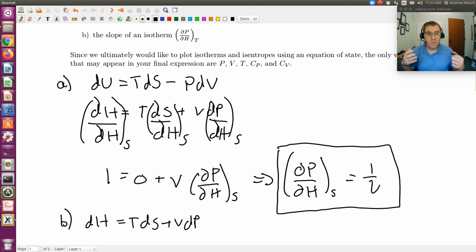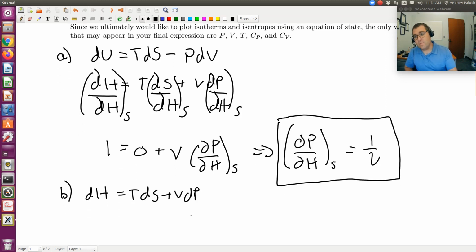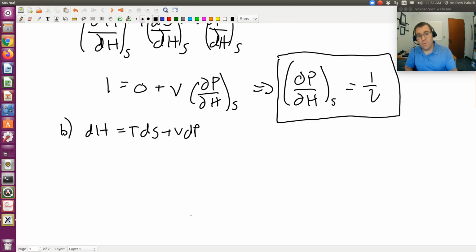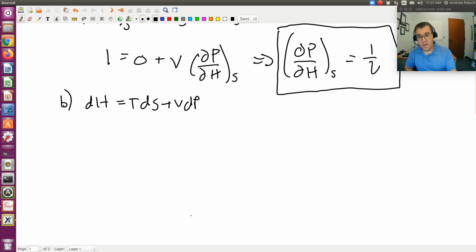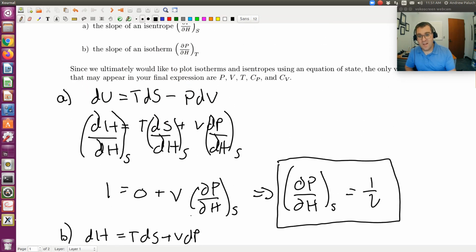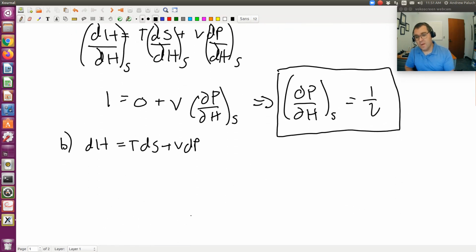But when you're solving these problems, you're just going to have to take a leap of faith and give it a try. Then if it doesn't work, rewind and come up with an alternative strategy. So here, if I want dP/dH at constant T, I'm going to divide by dH.